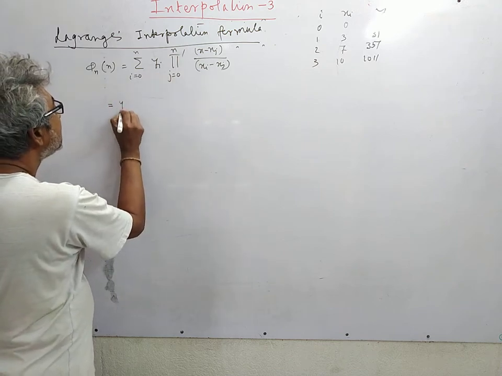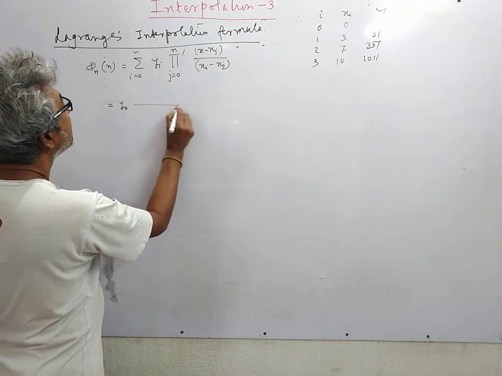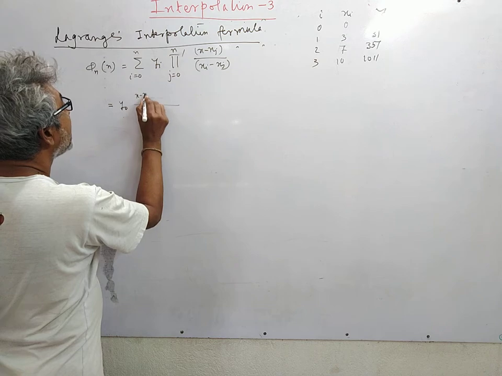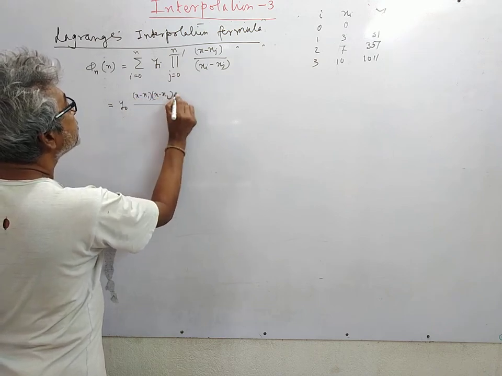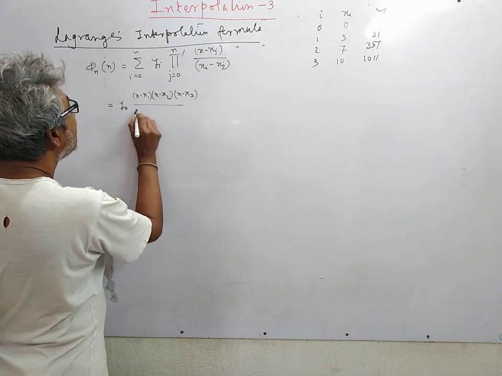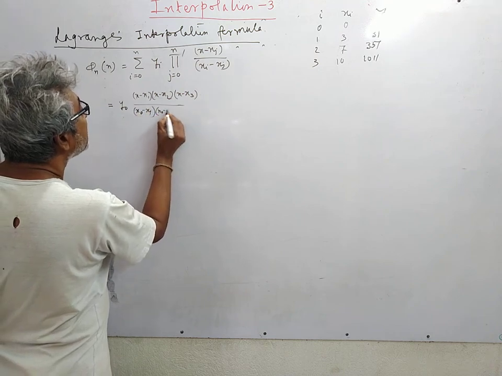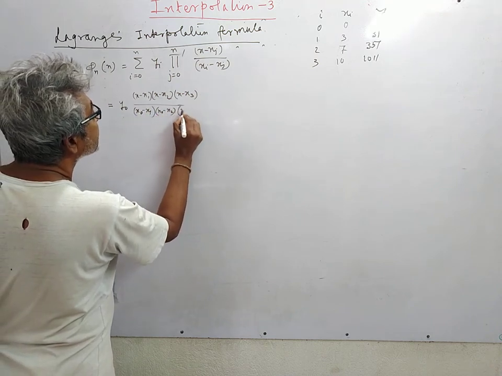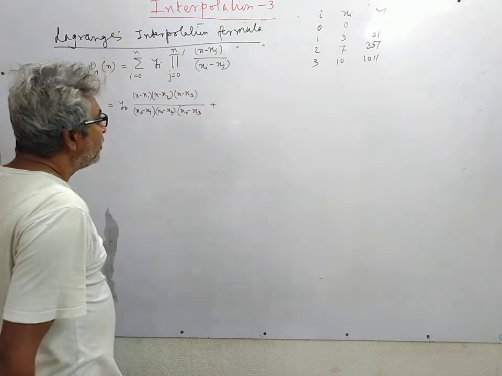y0 times (x minus x1)(x minus x2)(x minus x3) divided by (x0 minus x1)(x0 minus x2)(x0 minus x3). This is the first term, plus y1.